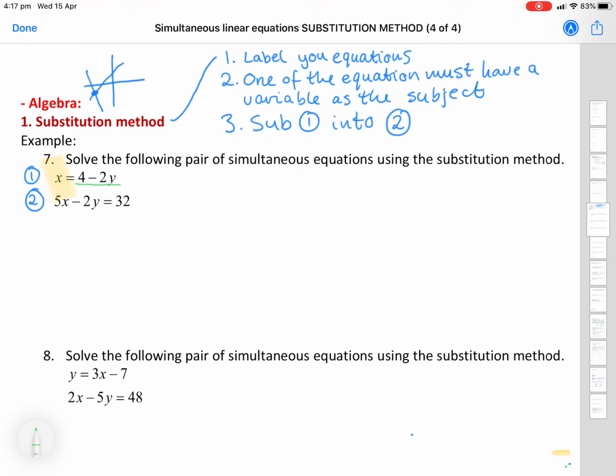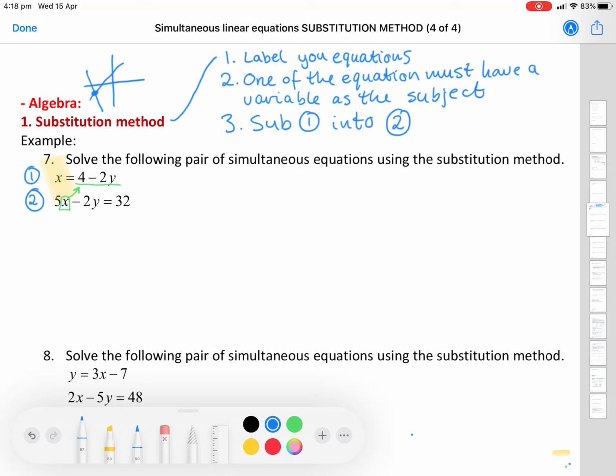We're going to rewrite number 2, but instead of x, we're going to put what x equals, which is actually 4 minus 2y. So we're doing number 3, substituting 1 into 2.